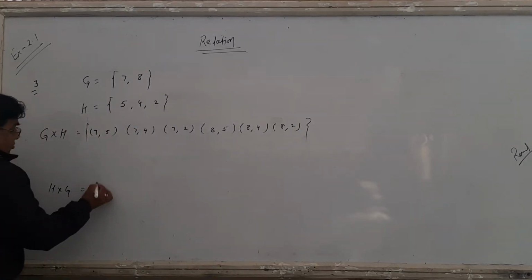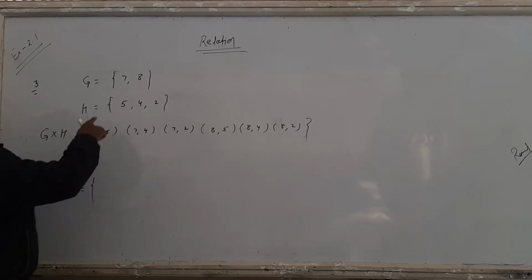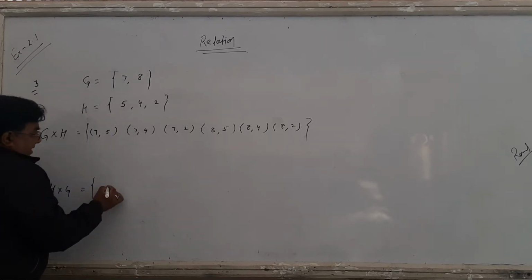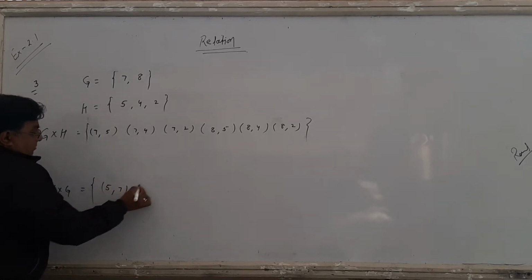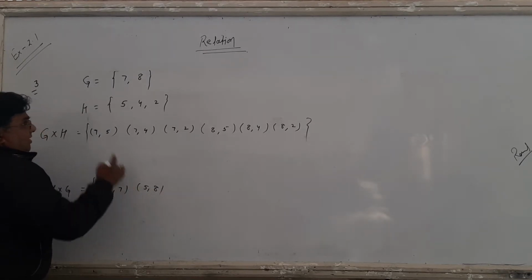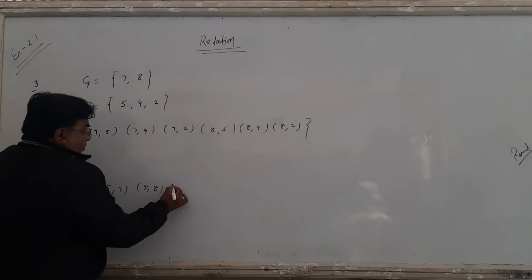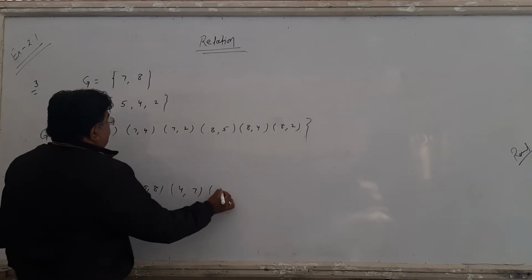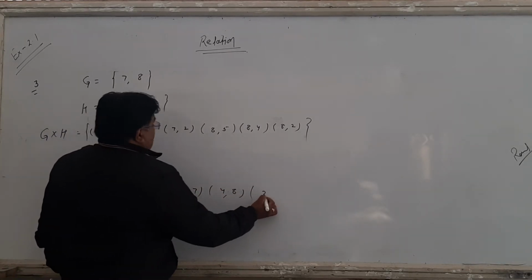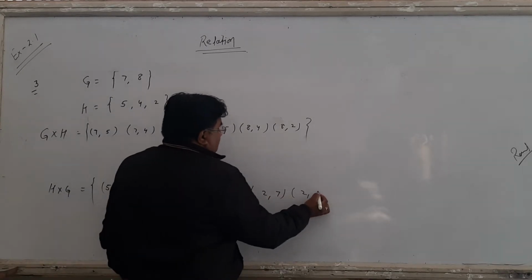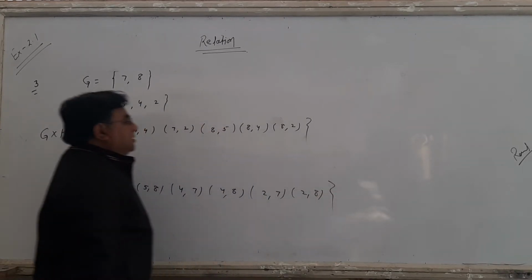But now the H cross G. The first element of H is 5, that is 5, 7 and 5, 8. 5 is related to the two elements of G. Then 4 is related to 7, 4 is related to 8. 2 is related to 7 and 2 is related to 8. This is the Cartesian product.